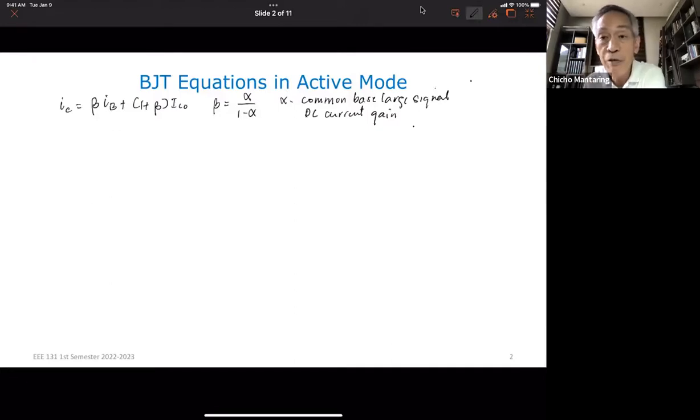In particular, alpha is the percentage of emitter current that is collected at the collector. And we said that alpha is a number that is very close to 1. The closer that number to 1, the better your transistor.